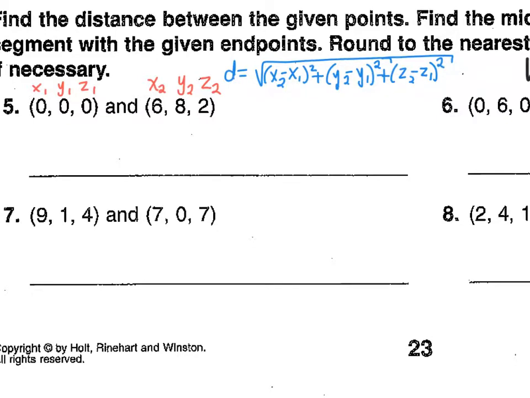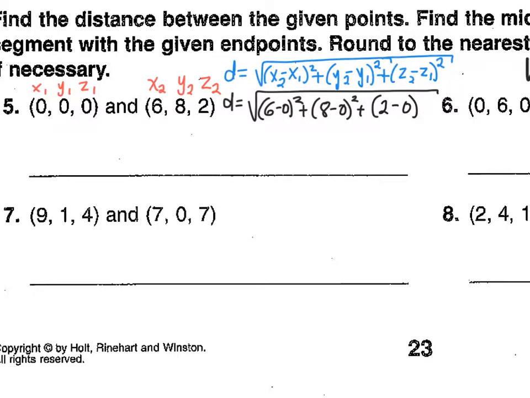So we substitute the numbers. So d equals the square root. X sub 2 is 6 minus 0 quantity squared. Y sub 2 is 8 minus 0 quantity squared. And then 2 minus 0 quantity squared.